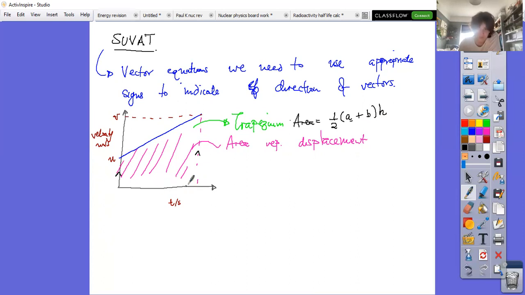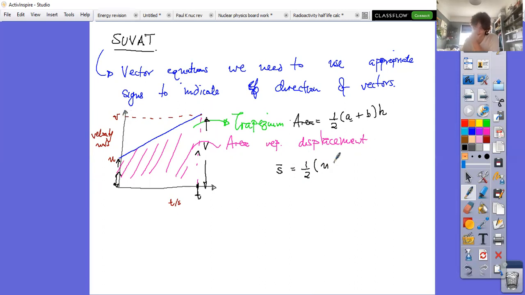So let's imagine that this here is at a time t. I've got u, v, and t over here. If I want to find the area, which is the displacement s, it would be half. The parallel sides: this side here is only u units, and this side is v units, that is v where it stops.